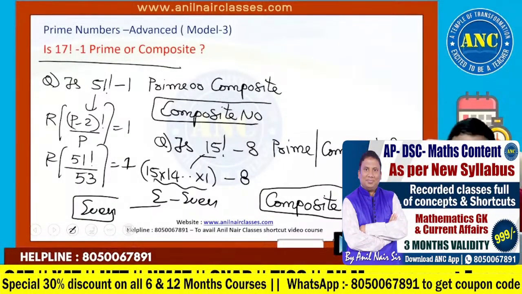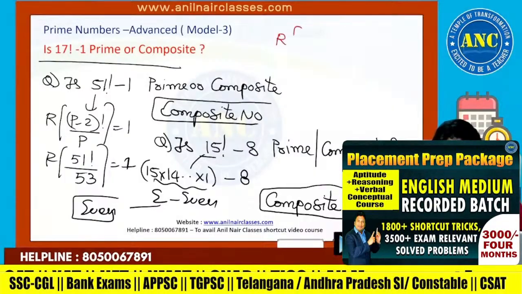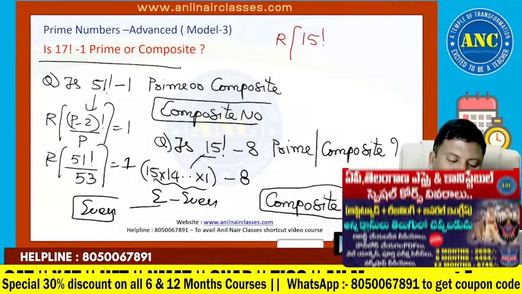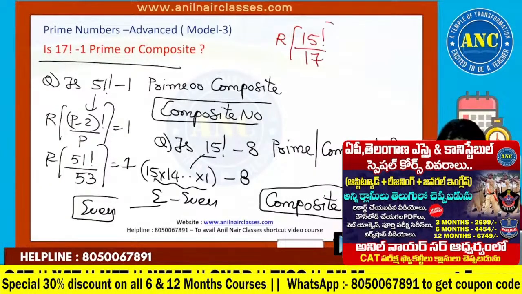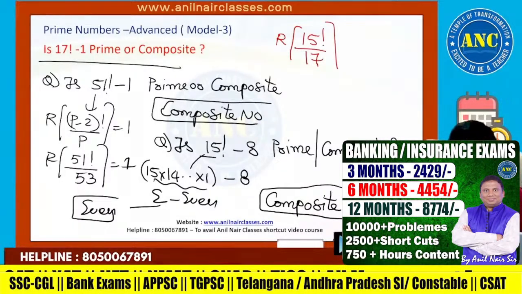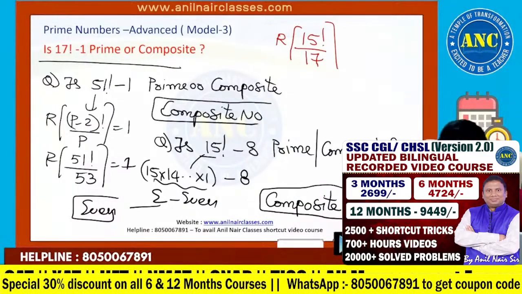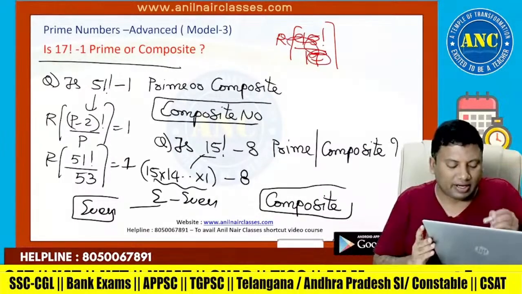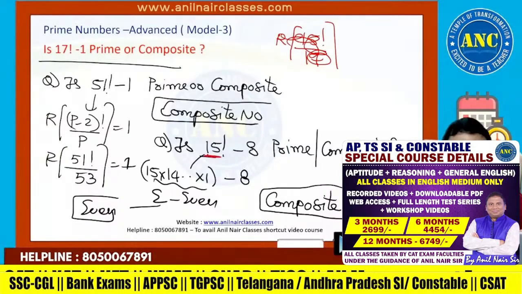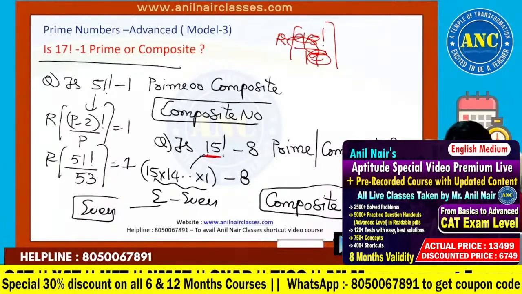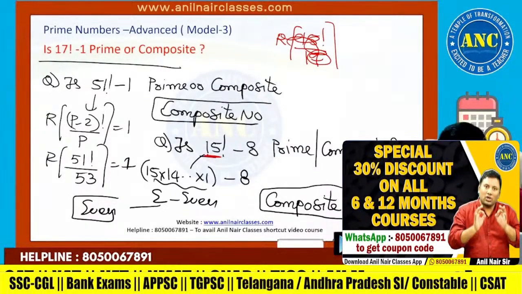Or you can also use 15 factorial by 17. This is the best method. 15 factorial minus 8: 15 factorial contains 2, and 8 is also divisible by 2, so the answer is divisible by 2.